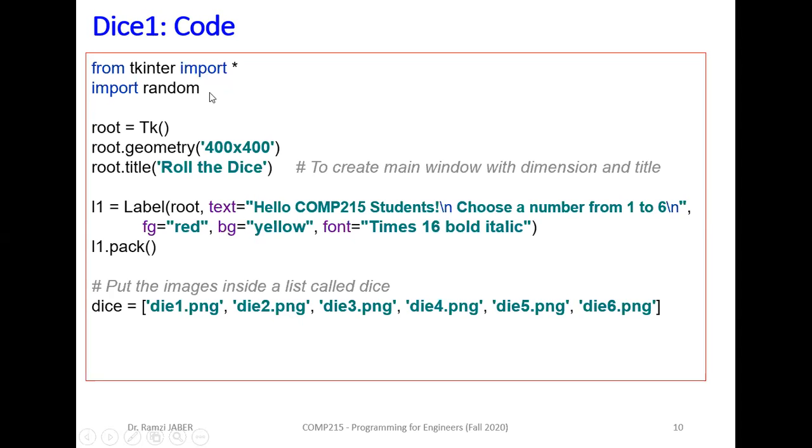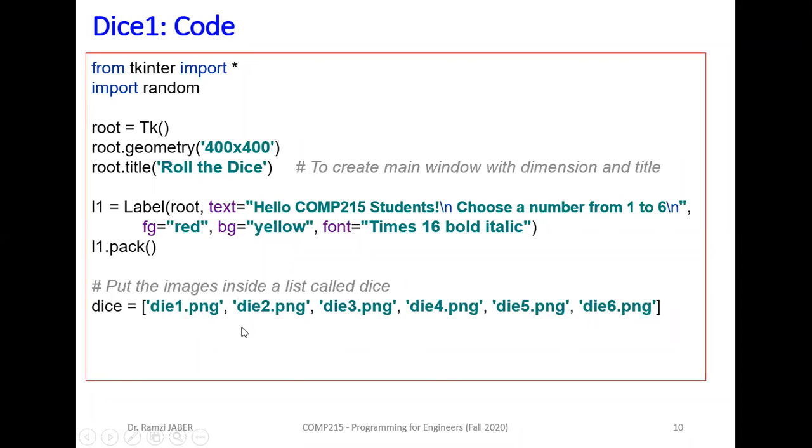Then we can insert JPEG or other types. But for this first application, we save the images as PNG or GIF. So the first element is die1, second element die2, die3, die4, die5, die6.